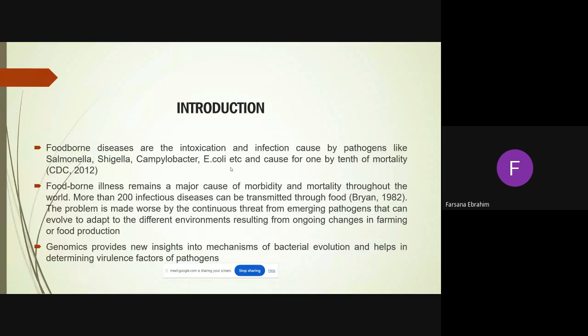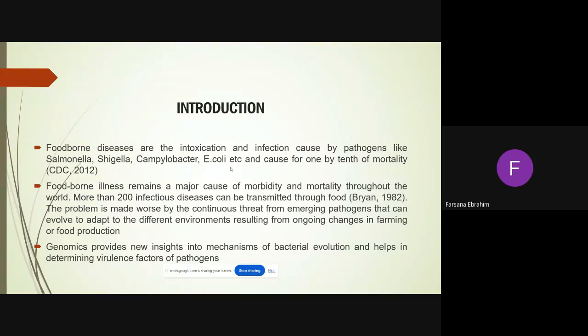And Brian in 1982 reported that more than 200 infectious diseases can be transmitted through food. The problem is made worse by the continuous threat from emerging pathogens that can evolve to adapt to the different environments resulting from ongoing changes in farming or production.